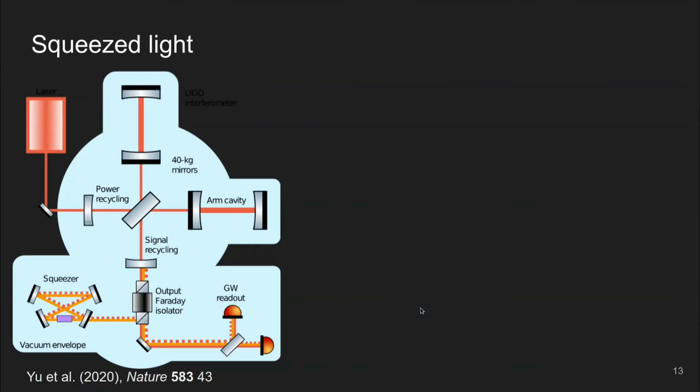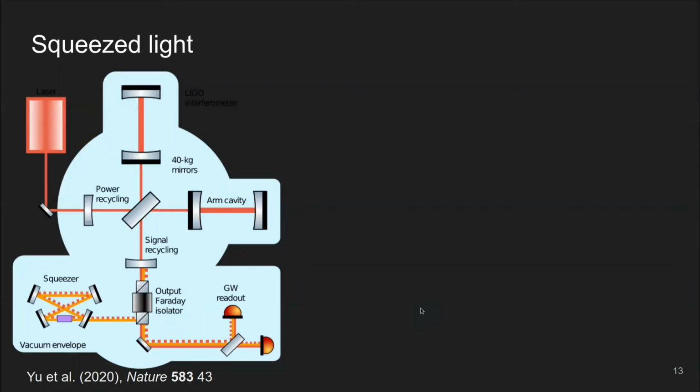And for generating quantum noise, what is important is that these fluctuations enter from the dark port of the interferometer, from the output port. So instead of allowing the basic unsqueezed vacuum to go into the interferometer, we actually prepare a specially squeezed vacuum state.